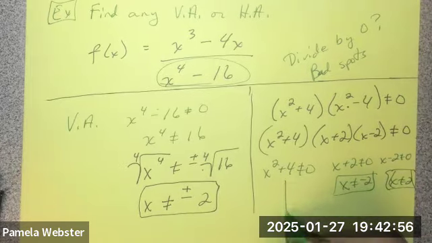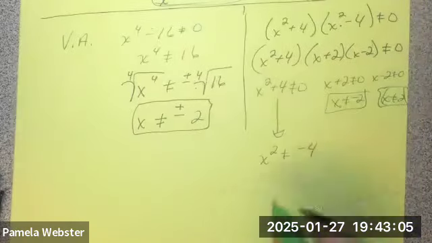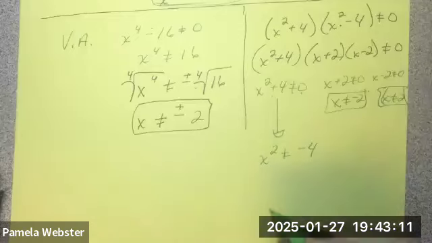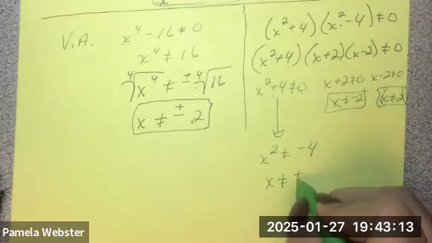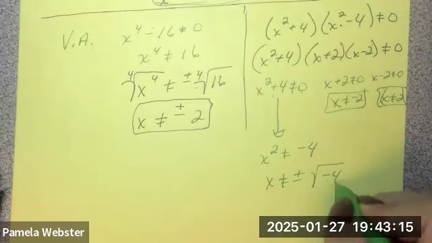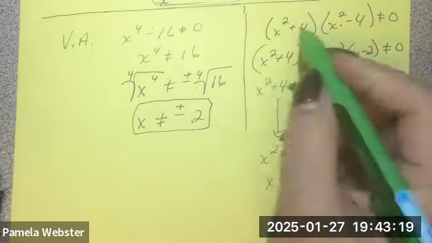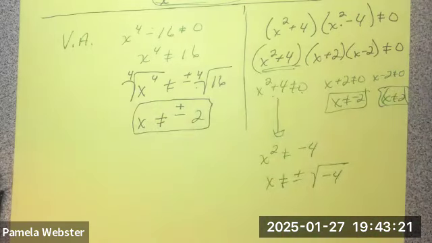Let's just pick this piece apart real quickly and see what happens. x squared can't be negative 4, because I subtract the 4 off, right? What do we think about that? If I square root both sides, it can't be plus or minus the square root of negative 4. Hopefully you see it. You might have seen it way up here at x squared plus 4.